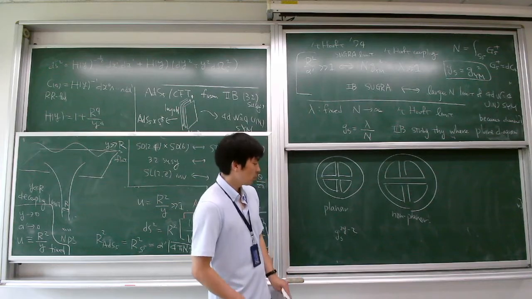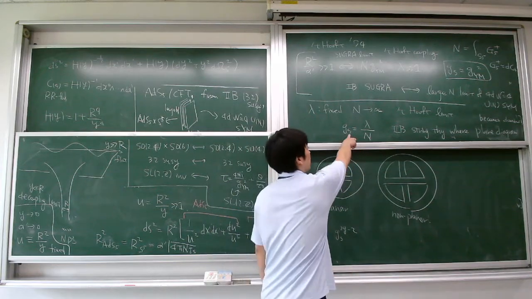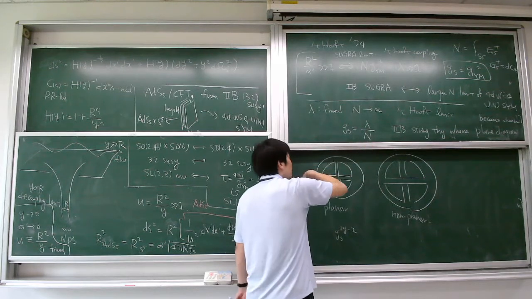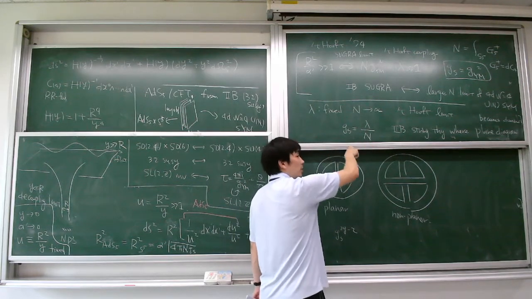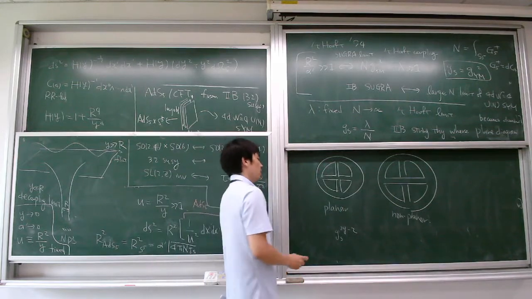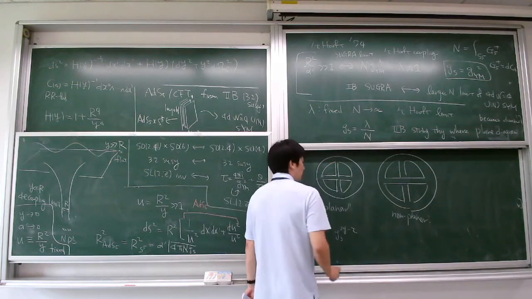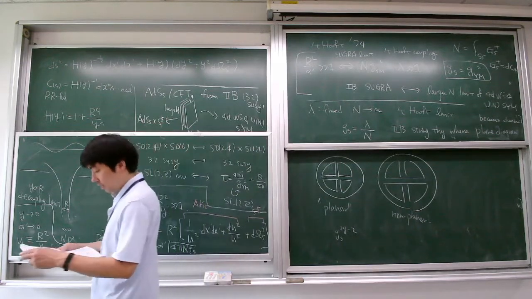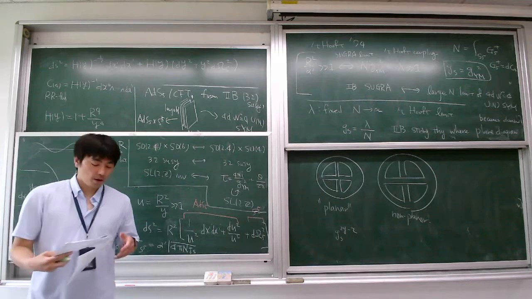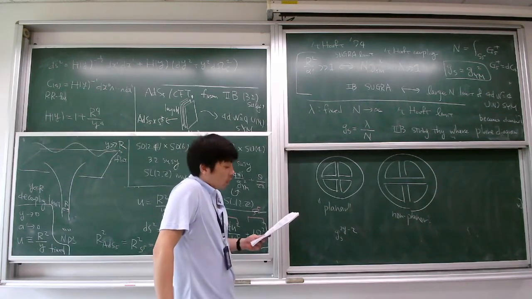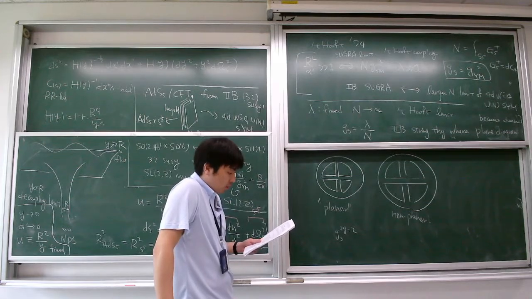So for the weak coupling limit, lambda fixed and large N, string perturbation theory is valid. But you can only consider the planar diagrams in the type 2B string theory, and compare with the large N limit of the N equal to 4 super Yang-Mills.